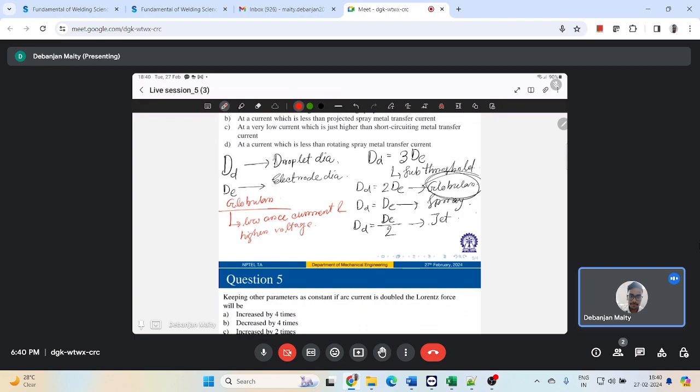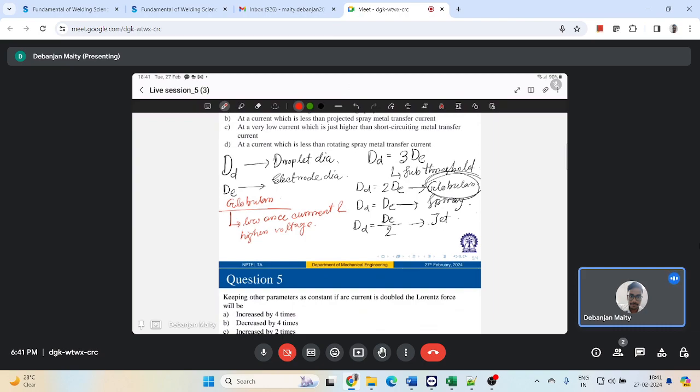And those globules will pass freely through the welding arc, and depending on your size and the gap of the arc, it is possible that it will short circuit the arc, right? In globular transfer, because the droplet dia is big enough, that transfer will cause some kind of scatter loss, and penetration depth will be very shallow.